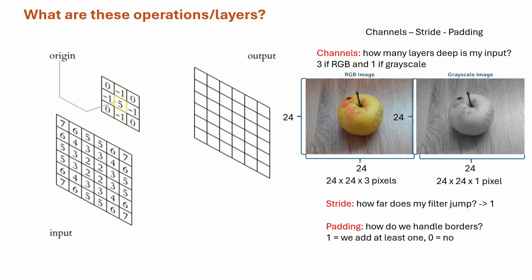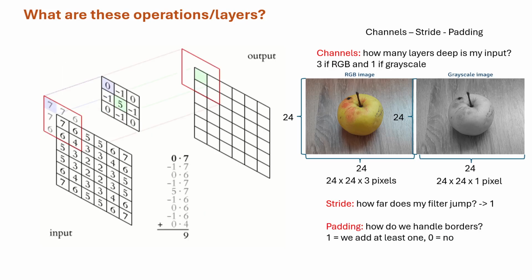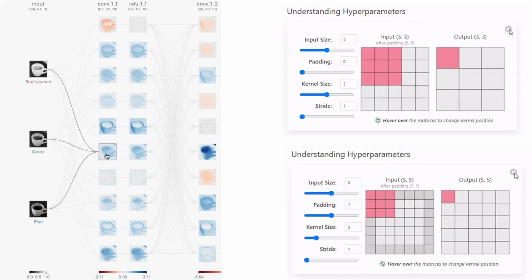Padding, how do we handle borders? Look at the GIF and notice that we are adding data sometimes at the top, left, or right of the input for it to match the kernel or filter size. Feeling lost? This slide will help you understand.